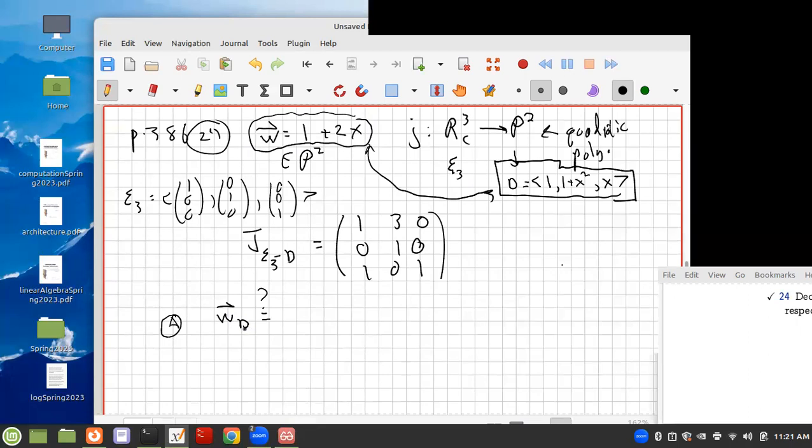Why don't you just try to solve that problem first? Part A is to represent w in terms of this basis.